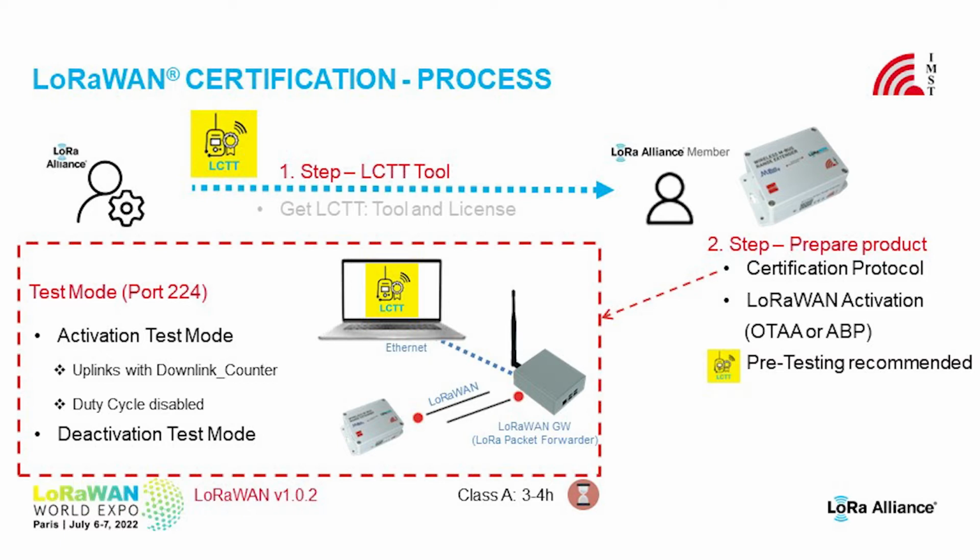During this test mode, it's expecting a special behavior of the device. The device should send uplinks periodically, disable the duty cycle during this time, and in the uplinks it's expected that the downlink counter is included, just to be able to check how many downlinks have been received.